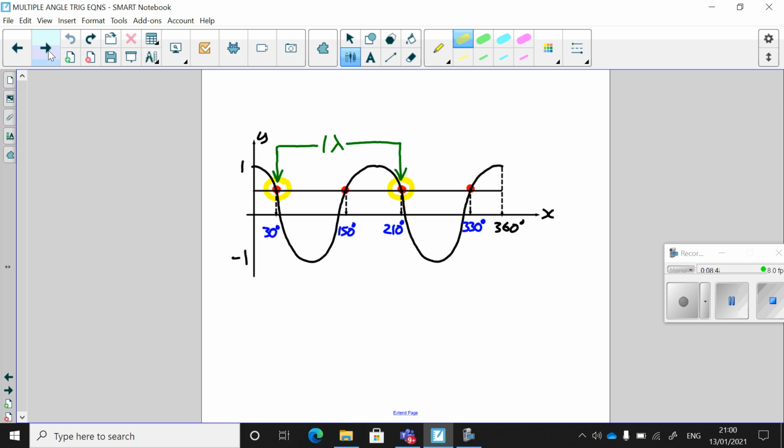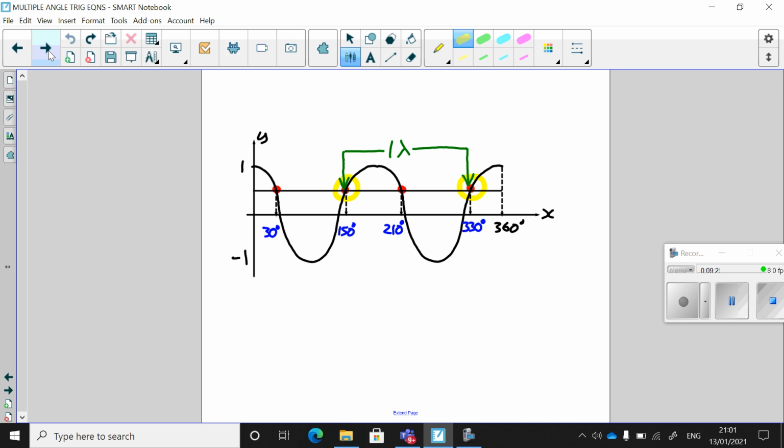That's one lambda, one period, or one wavelength further on of cos 2x. So there seems to be a connection. They kind of look similar. And the other solution, 150, is related to the other one, 330. So there seems to be some sort of connection between my solutions, and that connection is they are one wavelength further on.